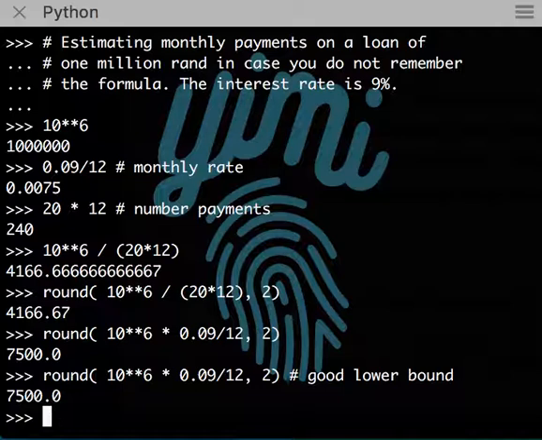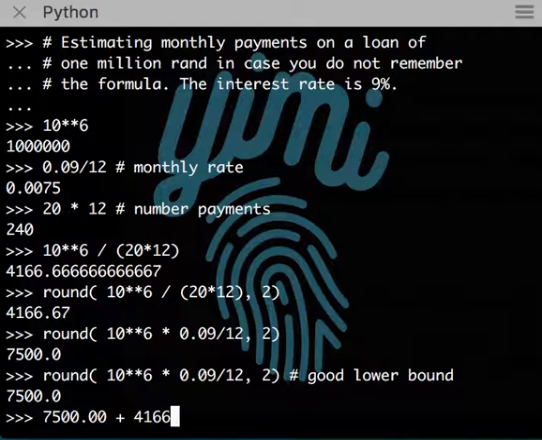On the other hand, if we think about these numbers, we can come up with an upper bound for the actual number. So, in fact, if we were to pay off the loan as if there was zero interest, so just paying off the principal at 4166.67 rand a month, and pay the interest of 7,500, and you might have to think about this a bit, but I'm sure that you will see my point, we can see that the sum of the two amounts is far more than is needed to amortize the loan.